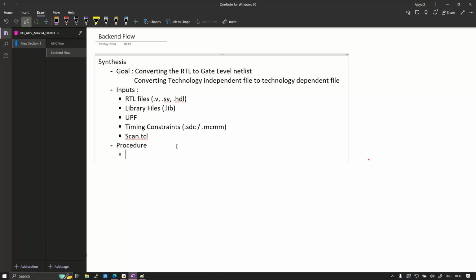This is the flow of synthesis itself. It runs majorly in three different steps: analyze, elaborate, compile. What each and every task does, we will see at the advanced level. Whenever anyone asks you what's the flow of synthesis, if you simply say analyze, elaborate, and compile, it's enough. But what is happening internally, we will discuss during the advanced.